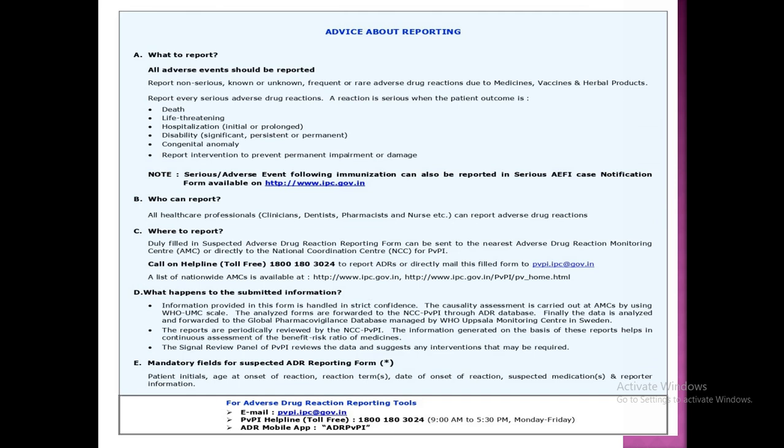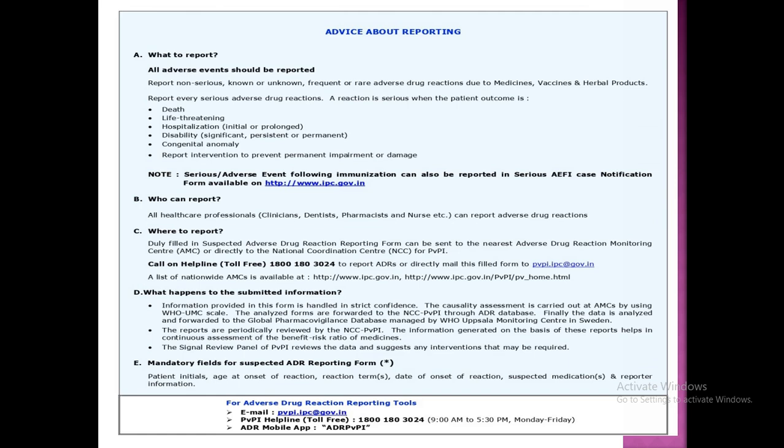What happens to the submitted information? Information provided in this form is handled in strict confidence. They will be maintaining it confidentially. The information will be between the healthcare professional, the patient and the Pharmacovigilance Program of India.